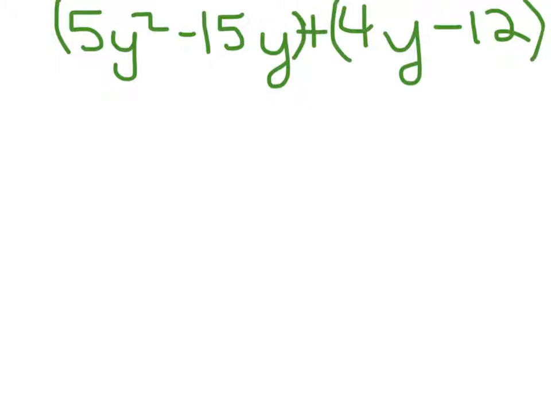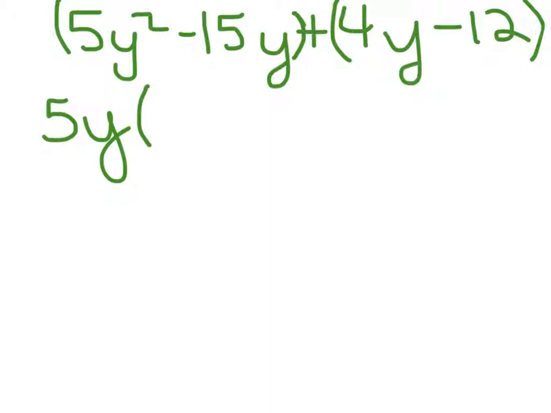And then we are going to take the common factors out of each group. So for the first group, the common factor is 5y. 5 and 15 are both divisible by 5. Y squared, y, they both have at least one y. So we're going to put 5y out front here.